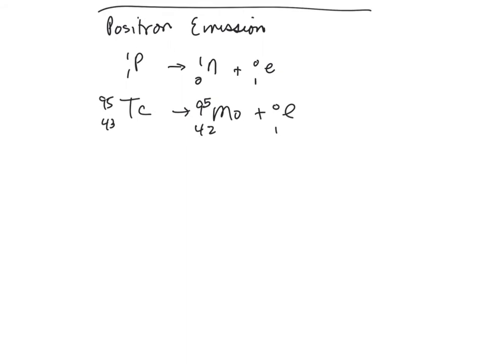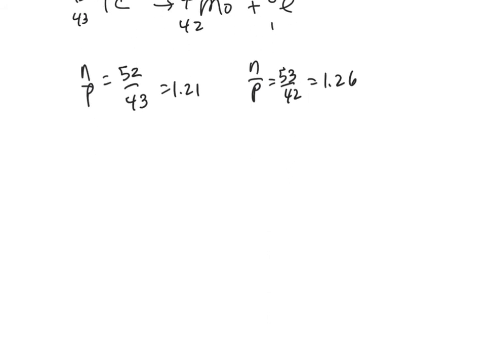And then N over P is 52 over 43, 1.21. N over P for molybdenum, 53 over 42, 1.26. If you look at the difference between them, you see that the N over P ratio increases for positron emission.